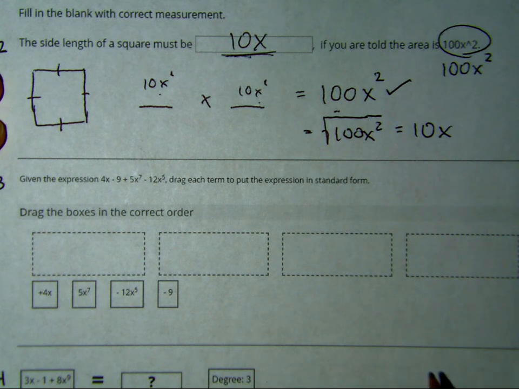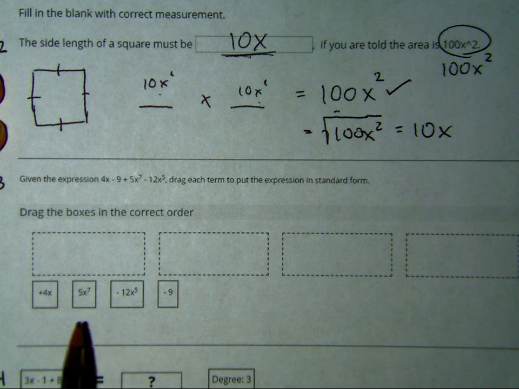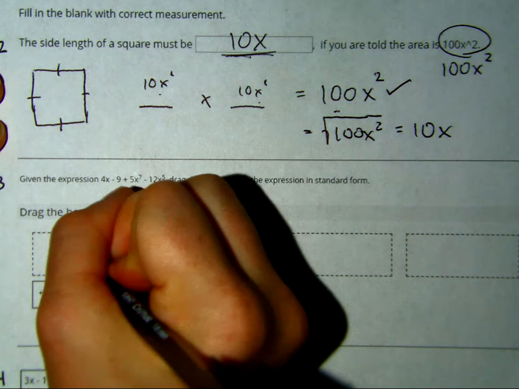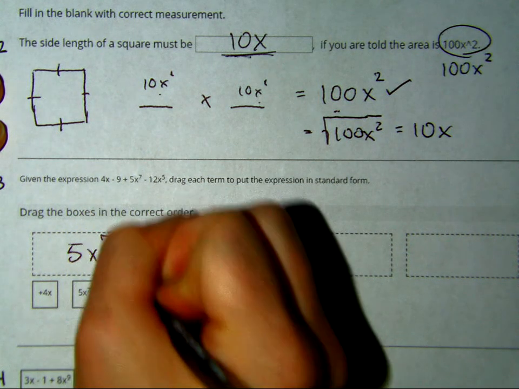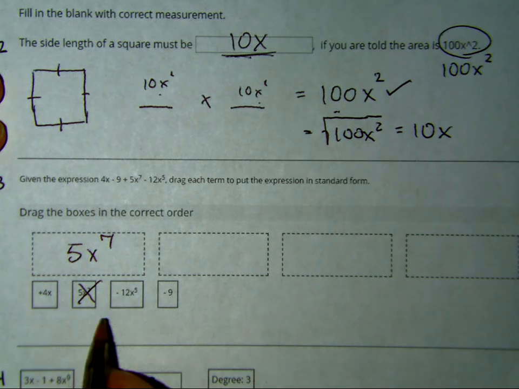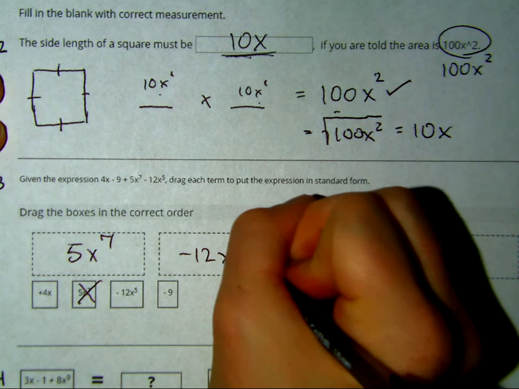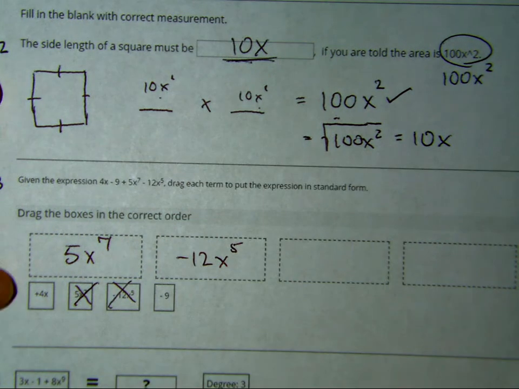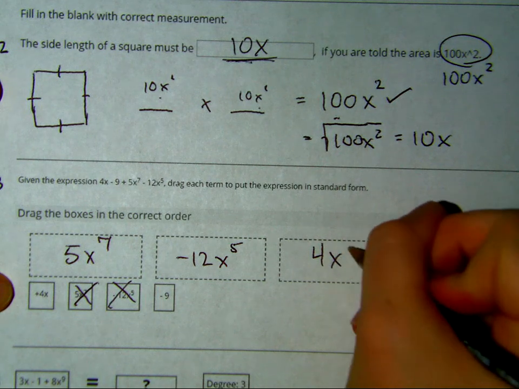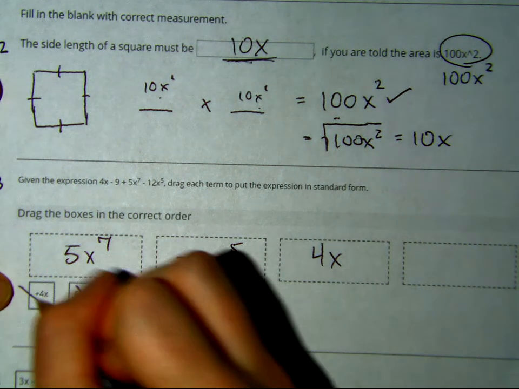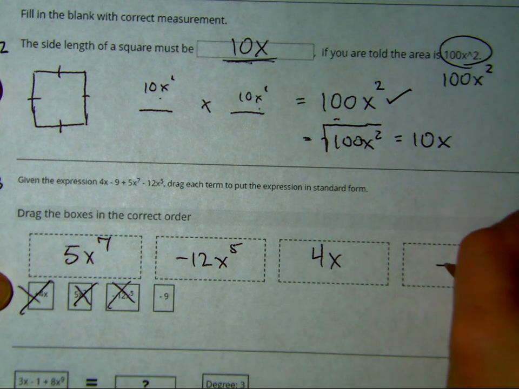Okay, so the term with the highest degree is 5x to the 7th. The next term is negative 12x to the 5th. Then we have 4x technically to the 1st. Okay, and then we have our constant, negative 9.